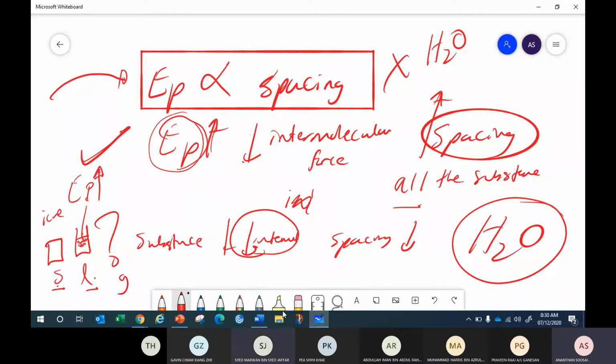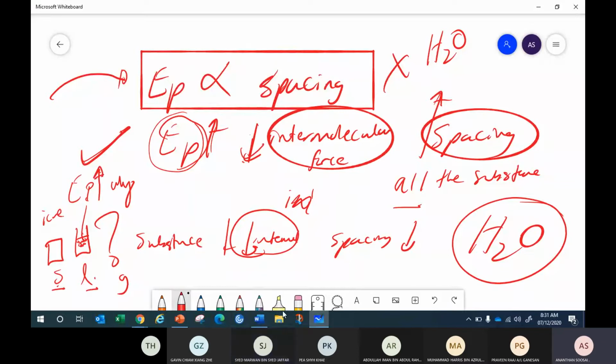It's just the structure. So in this case, can you use spacing as the reasoning? No. Spacing is just for us to see the proportionality to the potential energy, but the actual reason is the structure, the intermolecular force. Whenever you talk about potential energy, spacing is like a reference for all substances. But when you explain, you say the potential energy increases because the intermolecular force gets weaker. That's what you have to tell.